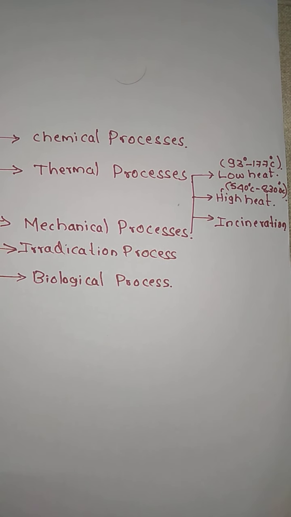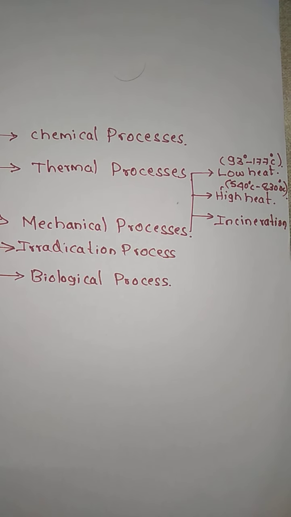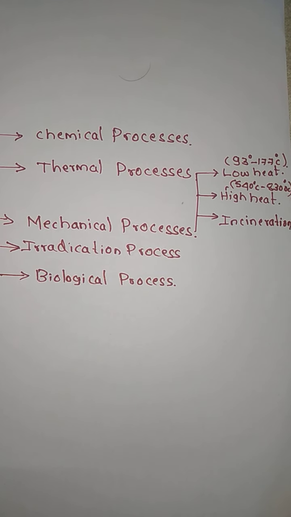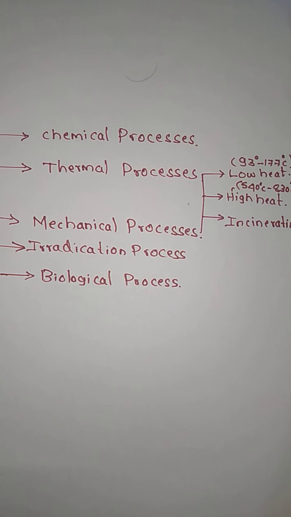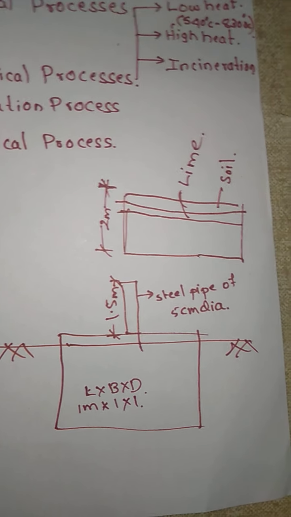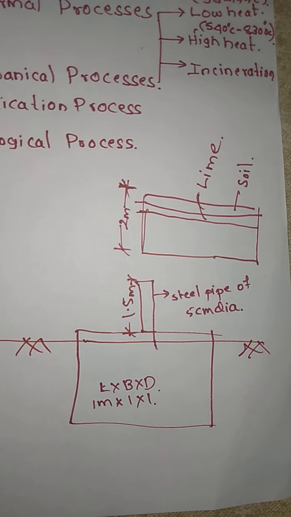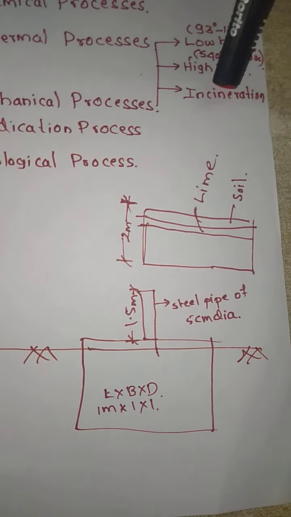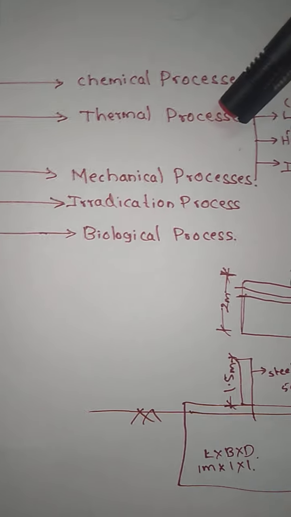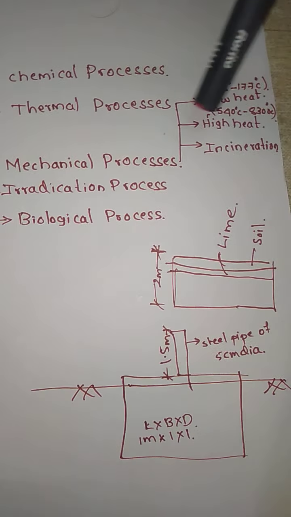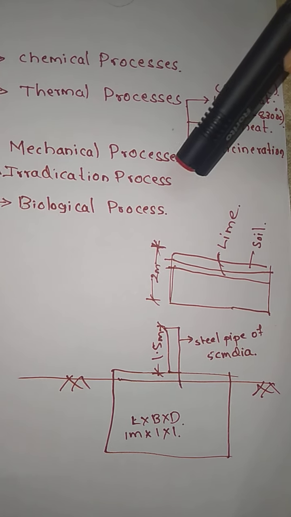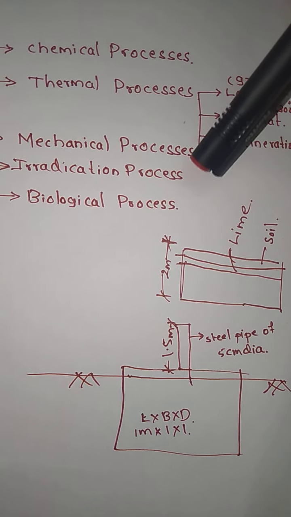So for the waste material that has to be disinfected, we use UV treatment and ionizing eradication systems. To summarize: chemical processes are for disinfection; thermal processes, both low heat and high heat, are for disinfection; mechanical processes reduce the volume; and eradication processes are for disinfection.